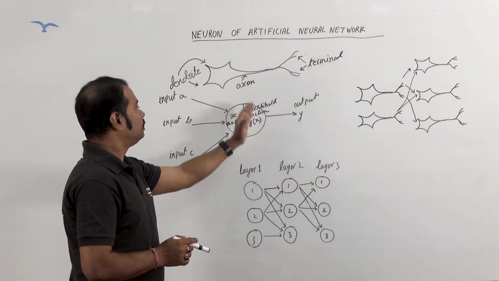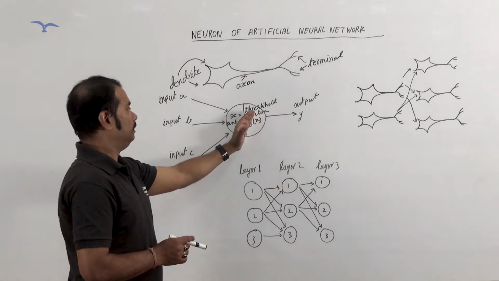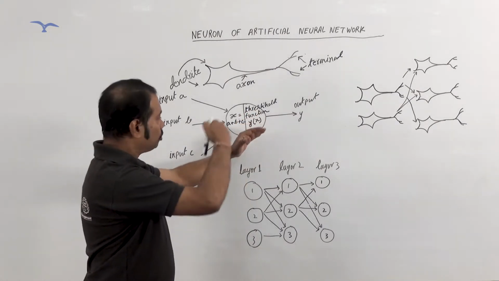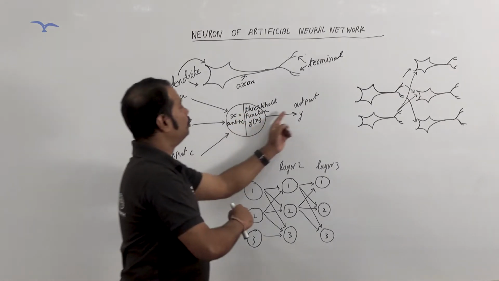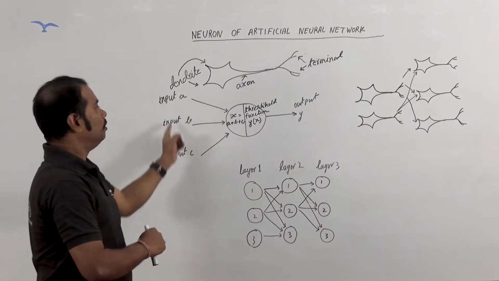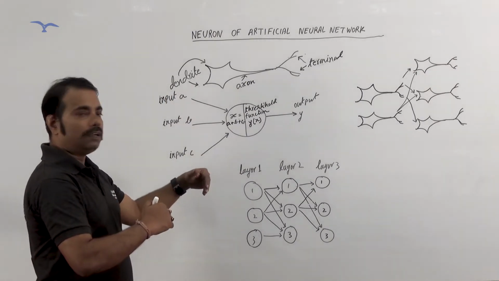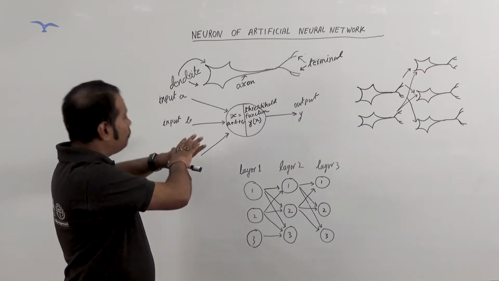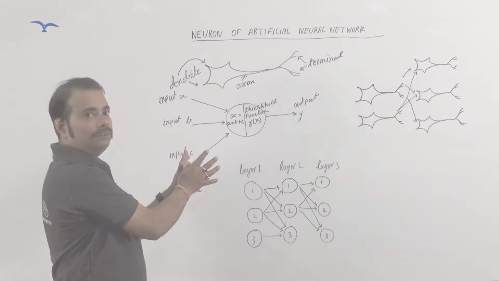The threshold function's main job is to check whether that sum is crossing a particular threshold or not. And if it is crossing a particular threshold, then only output is generated. Although this is a very simple example, only to make you understand how neurons work, basically this is the fundamental design of a neuron.